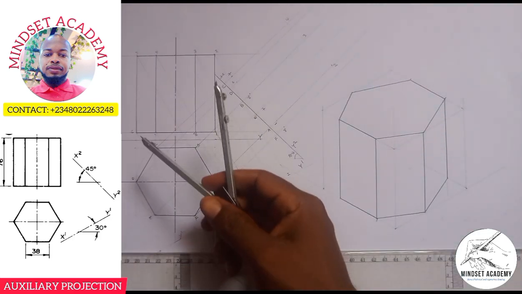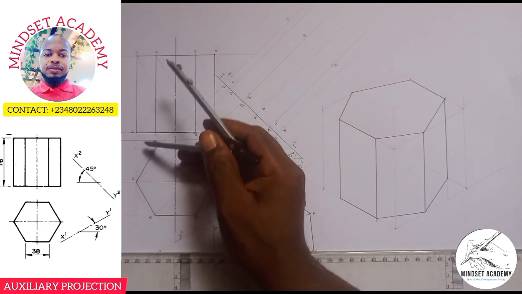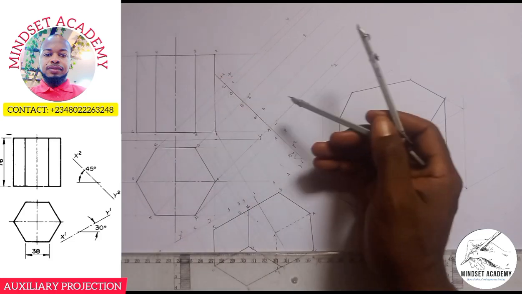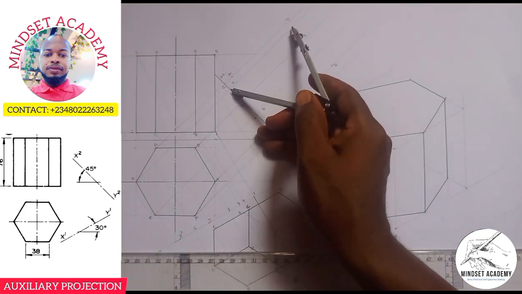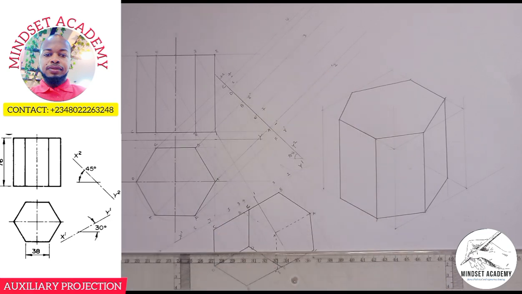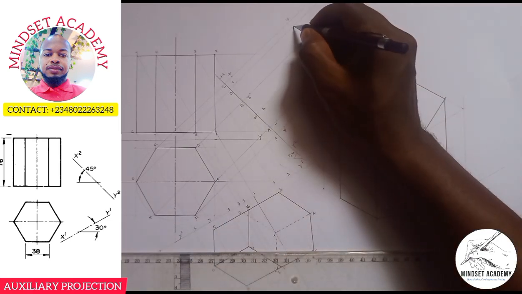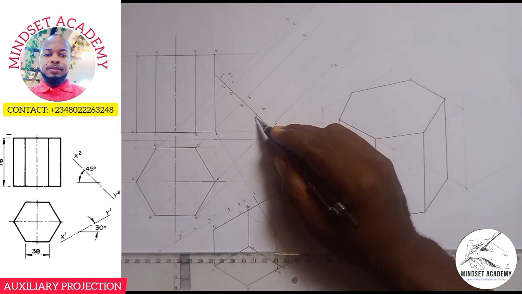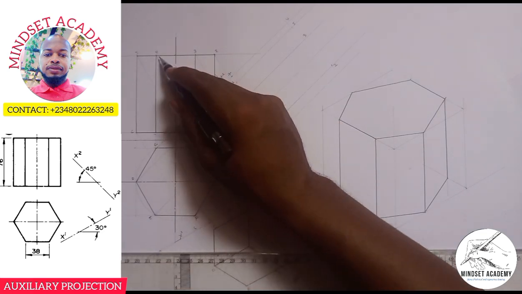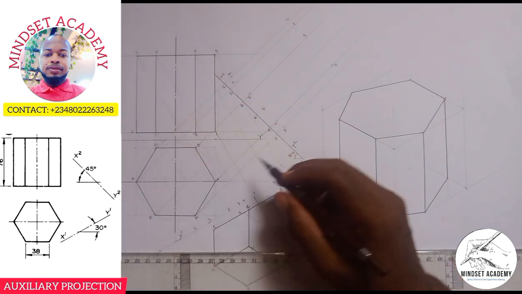Now come to D also, D is point 5. Then E is still the same thing.